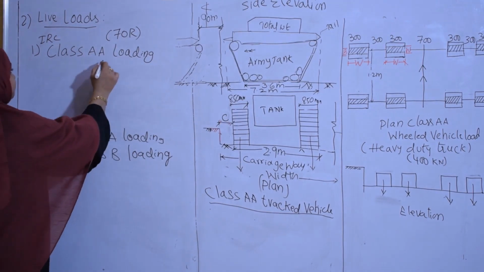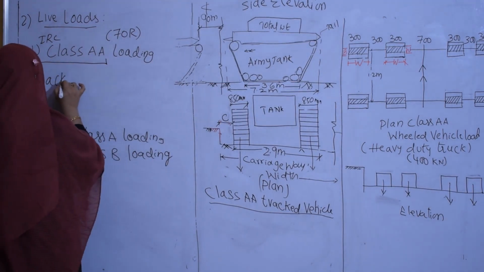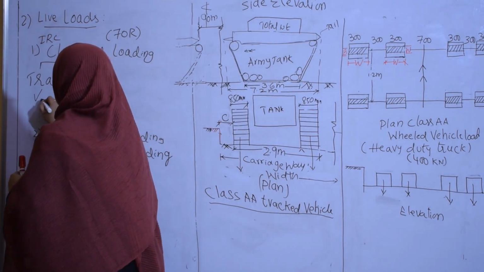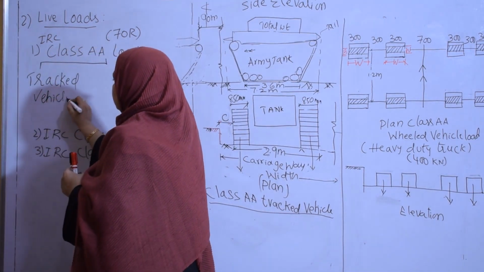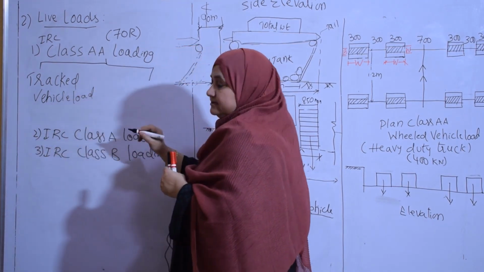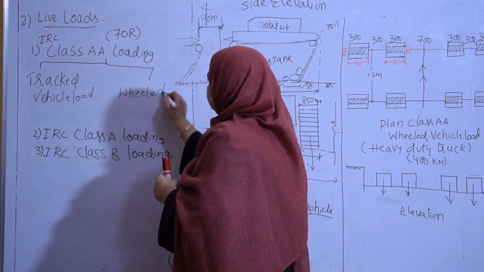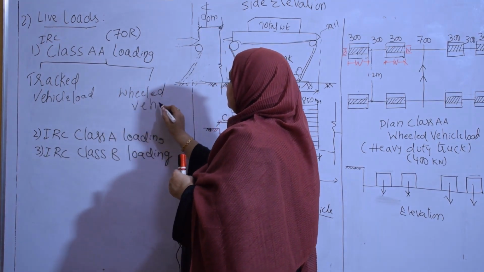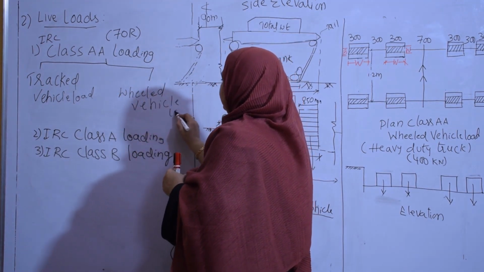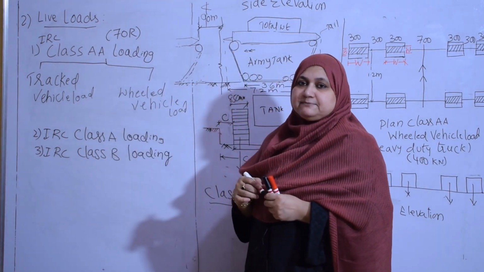One is tracked vehicle load, and the other is wheeled vehicle load. One after the other I will explain to you.